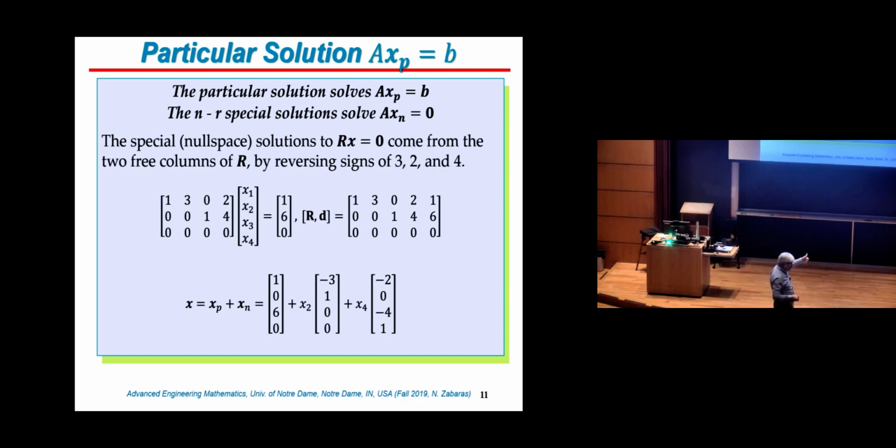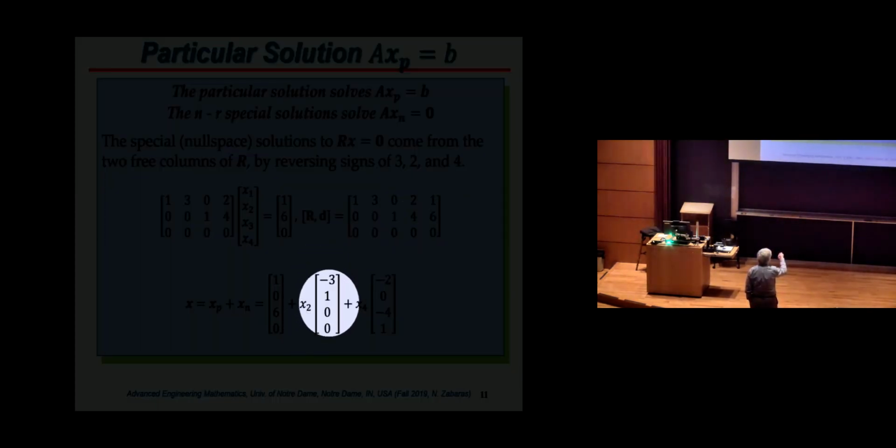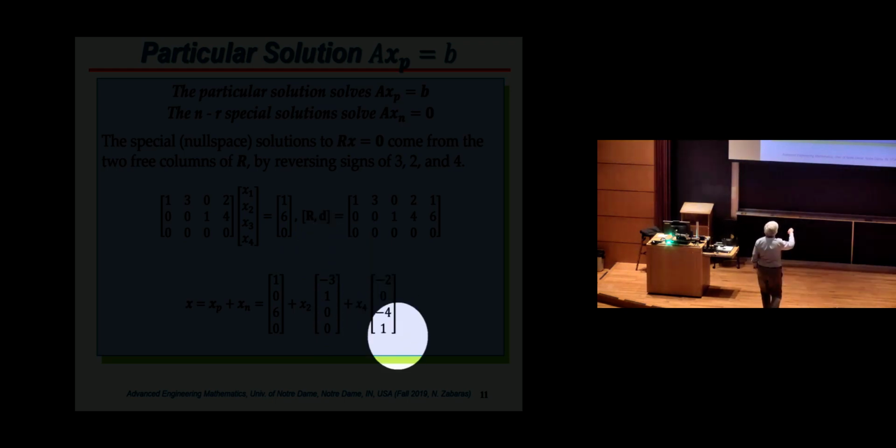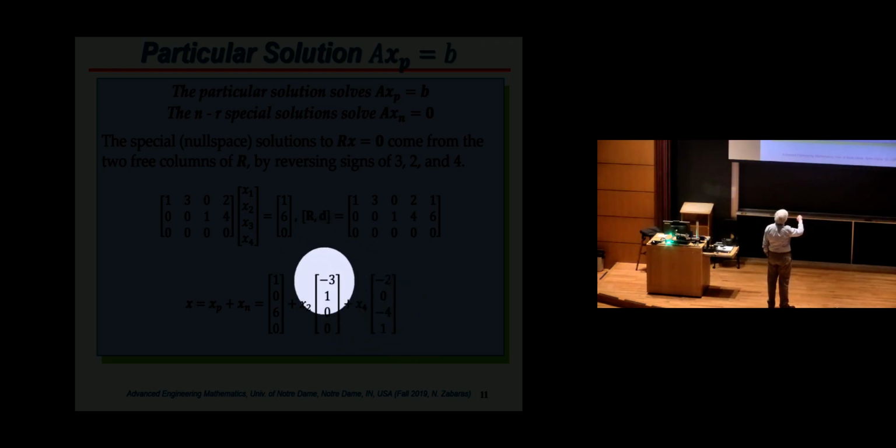Exactly. Then you say x2 equal to 0, x4 equal to 1, solve again for the pivot variables, and you will get those 2 vectors that you see here. You notice the second vector has x2 equal to 1 and x4 equal to 0.